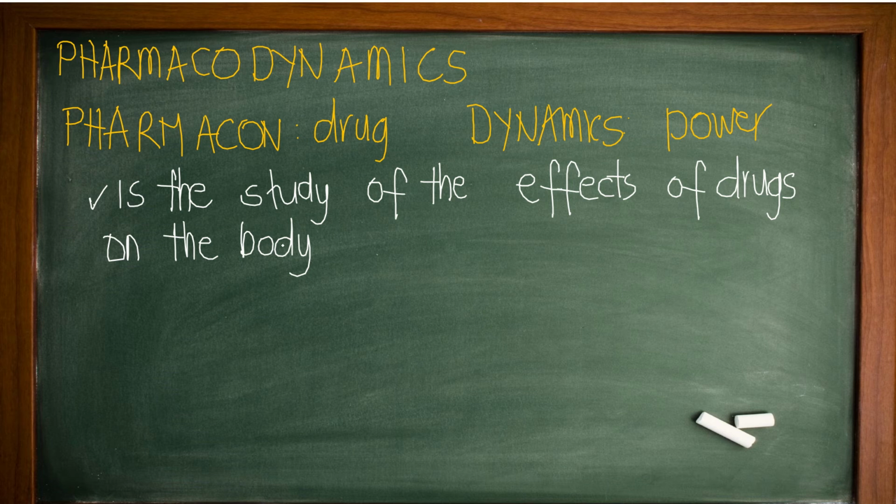The drug acts within the body in order to mimic, so it imitates the action of the body's own chemical messengers. The response to the drug can cause a primary or a secondary physiologic effect or both. It could be desirable or undesirable.